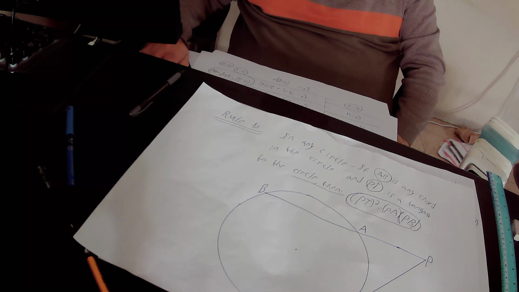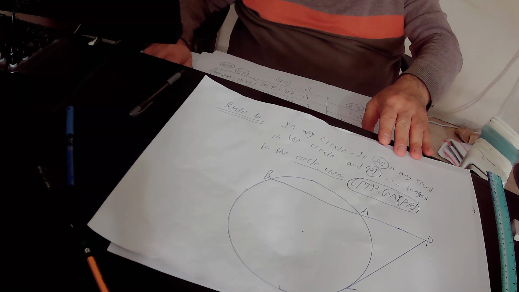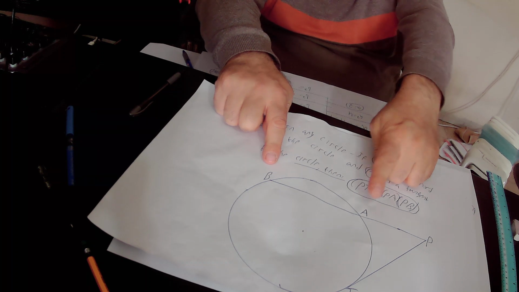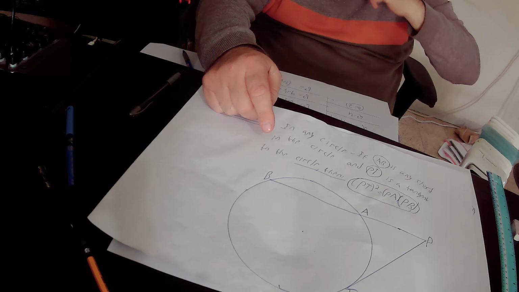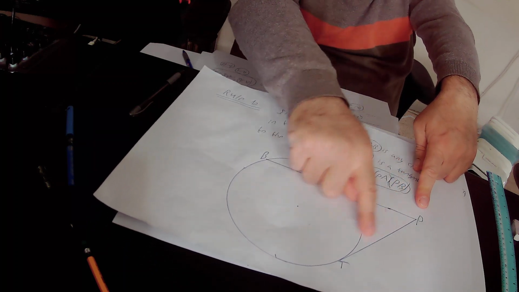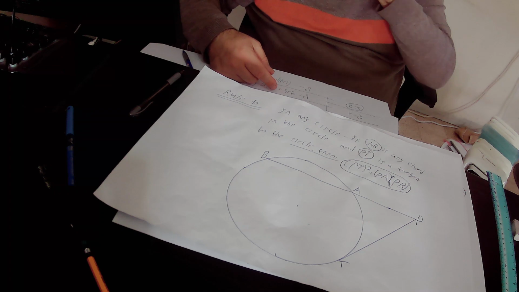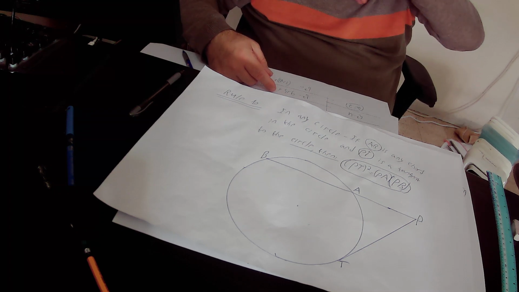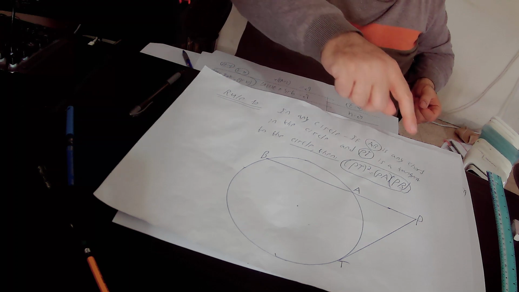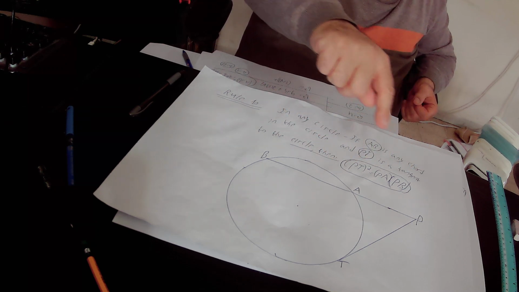So according to rule 10, in any circle, if AB is any chord inside this circle, and PT is tangent to this circle at point T, where point T is the point of tangency, then in our drawing the following equation will be true: PT squared, the length of the tangent squared, must be equal to PA times PB. Again, PT squared equals PA times PB.